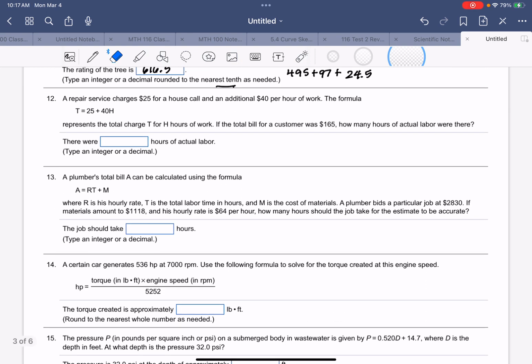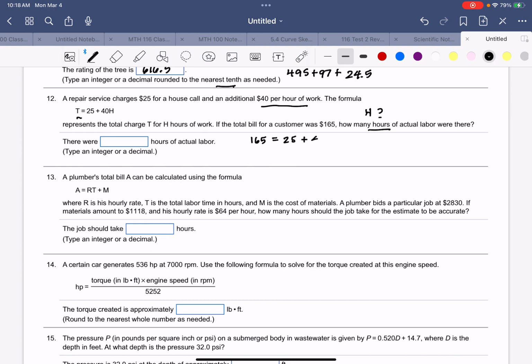Example 12. A repair service charges $25 for a house call. That's a flat fee. And an additional $40 per hour. The formula is total equals 25 plus 40 per hour. So if the bill was 165, so that's the total is 165, how many hours, so hours is what's missing, our H, of actual labor was there.